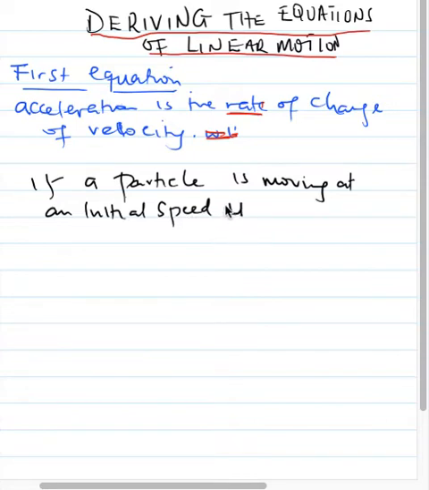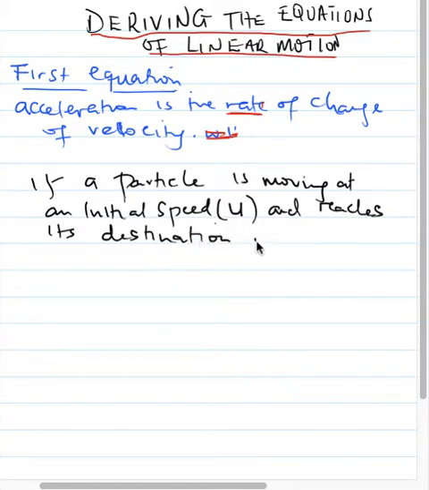The initial velocity is always represented by u, and the particle reaches its destination with final velocity v.